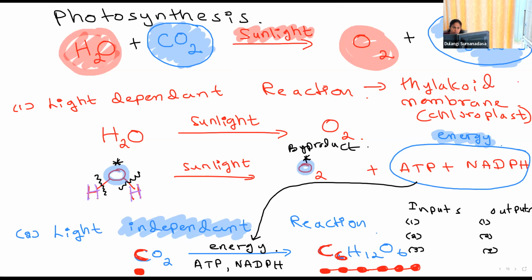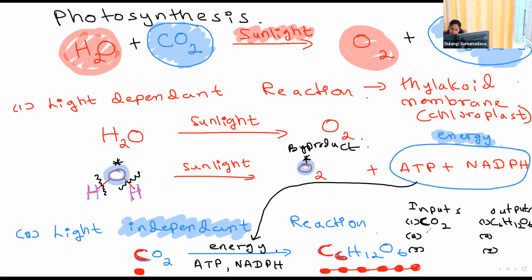Okay, so inputs and outputs. Start from the inputs and then write down the opposite for the outputs, right? Don't do it all over the place. If you write carbon dioxide, this is the one that gives the carbon for glucose. The opposite side must have glucose. Don't write glucose somewhere else.